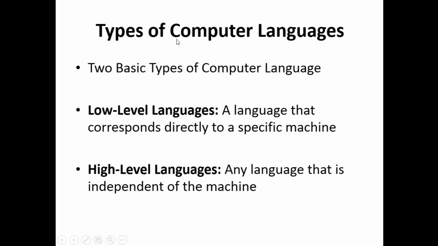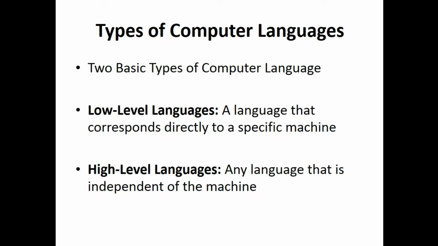There are basically only 2 types of computer programming language: low level language and high level language. A low level language corresponds directly to the specific machine, meaning by using it we can communicate directly with the machine, or it is very near to the machine. A high level language is independent of the machine, meaning it is understood by users like us, but not directly understood by computers.